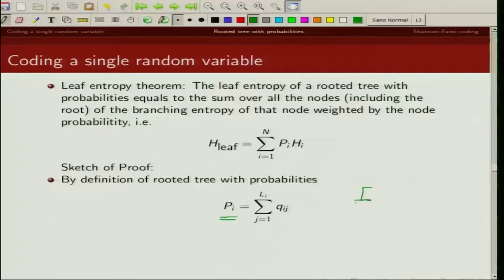So if you are interested in finding the probability of this node, this is nothing but the probability of this node plus the probability of this node. If you have L branches, you have this relation. This follows from the definition of a rooted tree with probability: the probability of a node is the sum of the probabilities of nodes and leaves at depth 1 from that node.